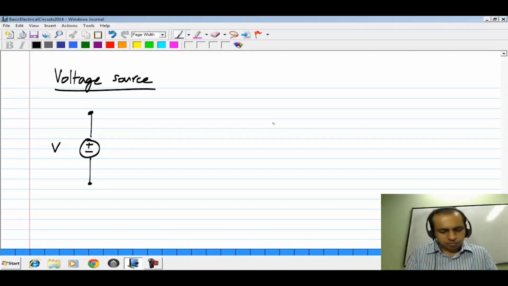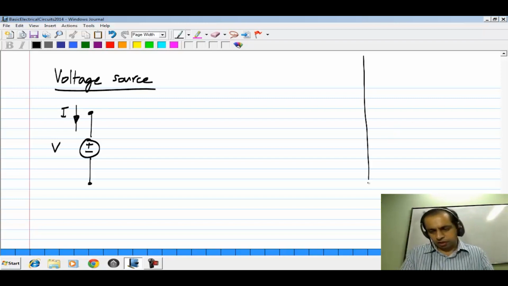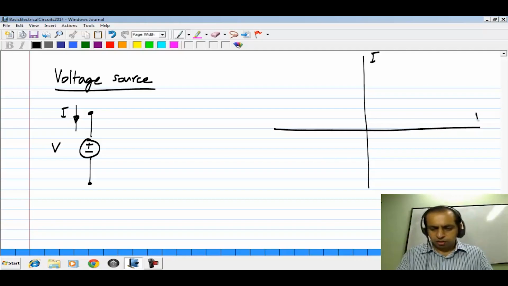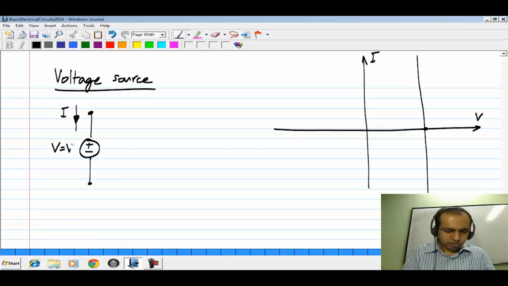It maintains a voltage V regardless of the current I that is flowing through it. And the relationship graphically is given by a straight line. So if this is V naught, this will be V naught.